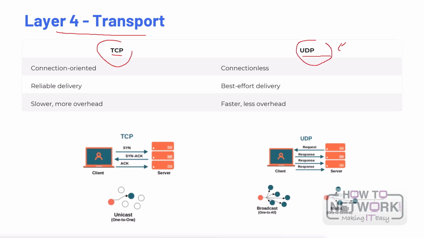TCP is slower, right, due to its connection setup, error checking, and retransmission mechanism, while UDP, in contrast, is faster because it doesn't establish a connection or perform error checking, leading to less overhead and faster data transmission.